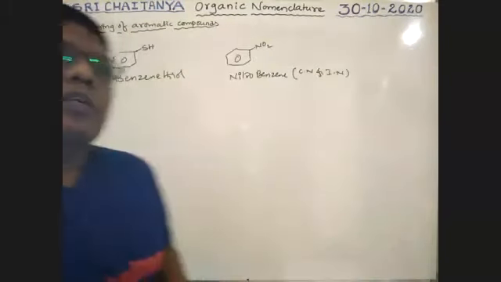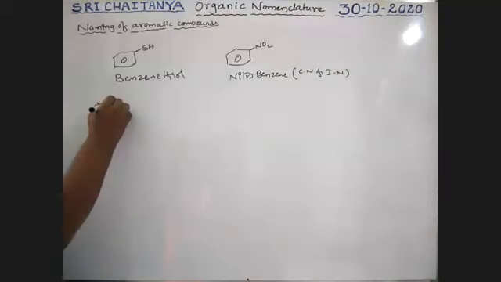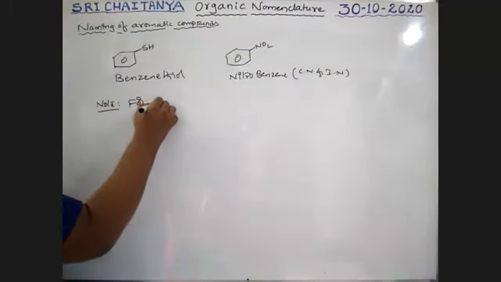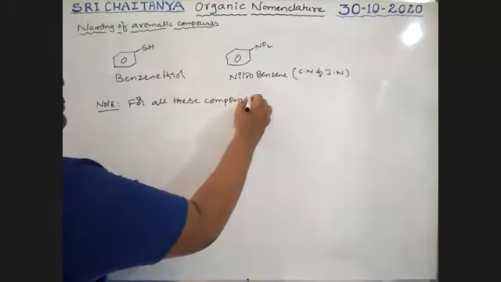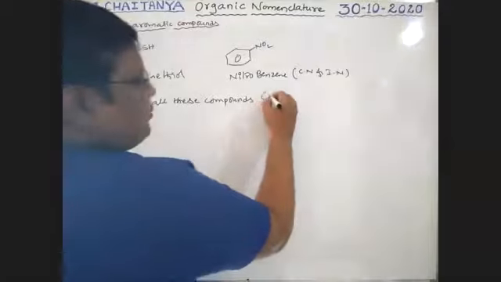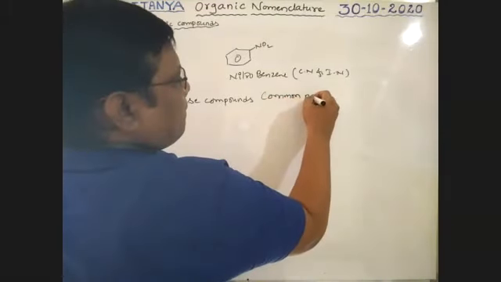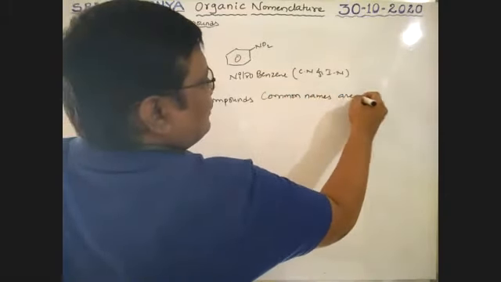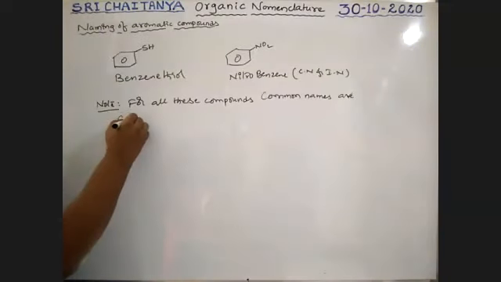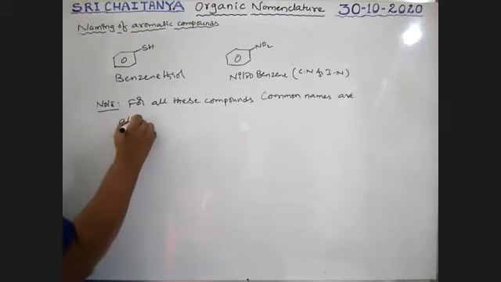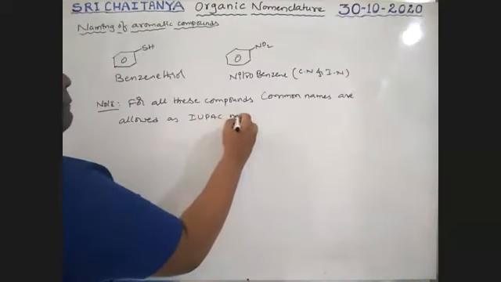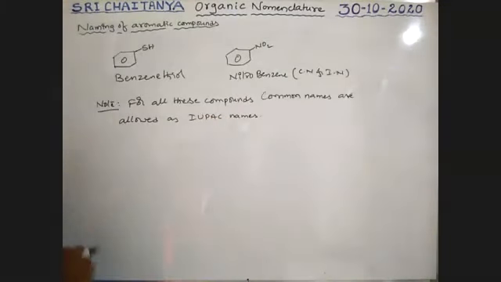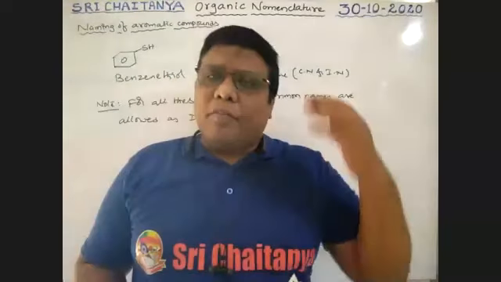Note on these points: for all these compounds, common names are allowed as IUPAC names. That means the common name and IUPAC name for all these compounds are the same.